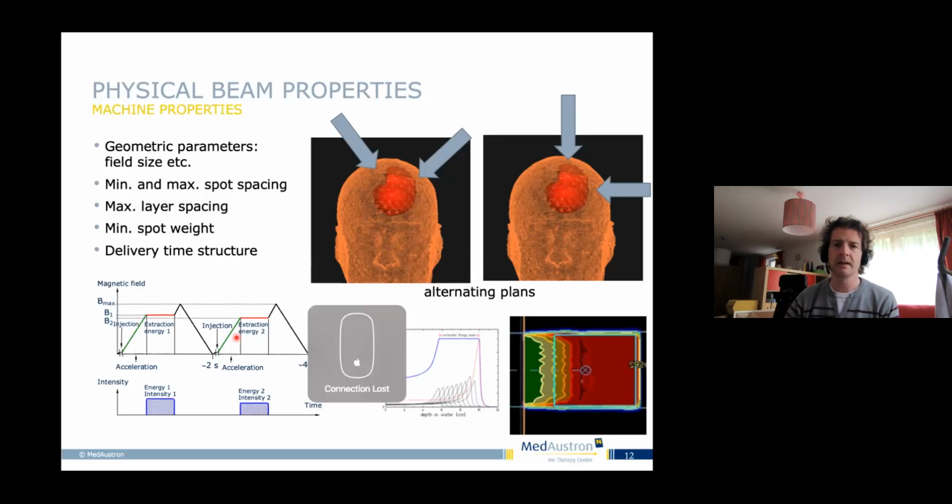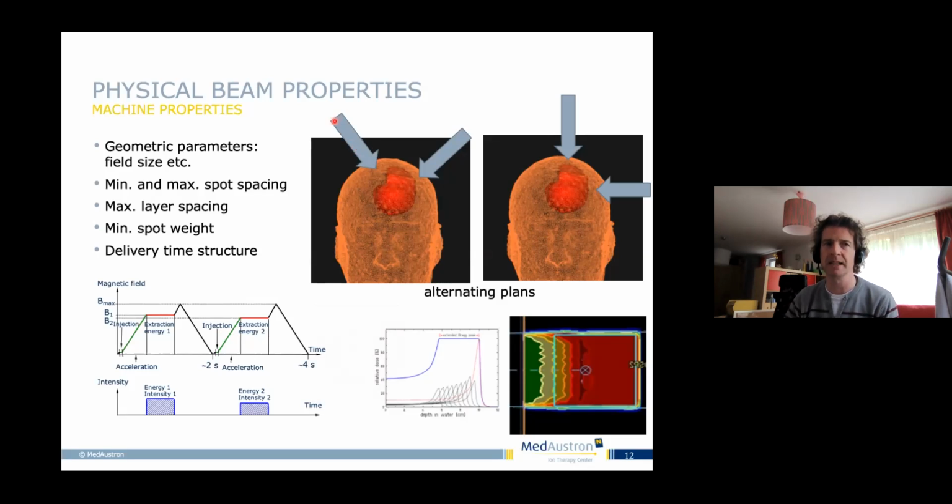And that's why we at MedAustron do a lot of beam splitting or alternating beam sets. That means on one treatment day, we use 2 beams arranged like for these head patients over here. And on the second day, we add 2 more beams and have the patient positioned differently.